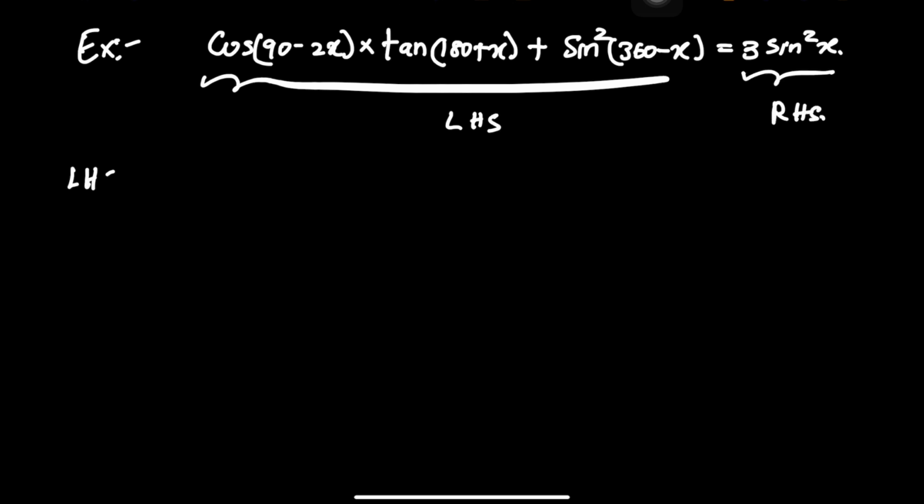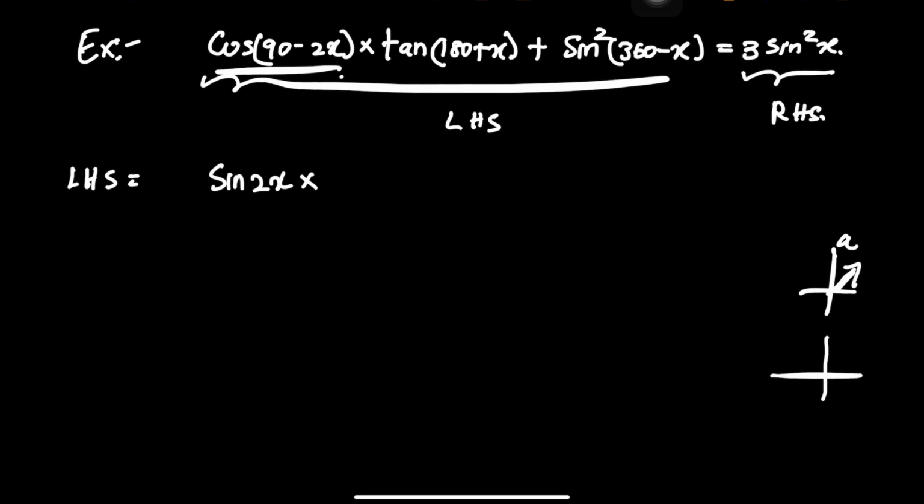So left hand side: cosine 90 minus 2x lies in the first quadrant of the circle, so all the values are plus sign. It changed into sine. So sine 2x times tan 180 plus x lies in the third quadrant, so it's a plus value, tan x, plus sine 360.